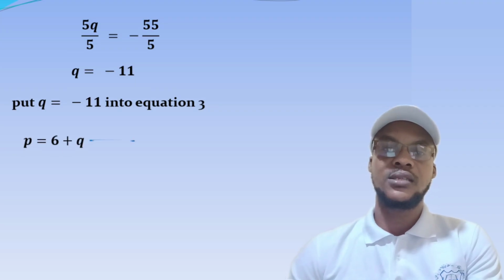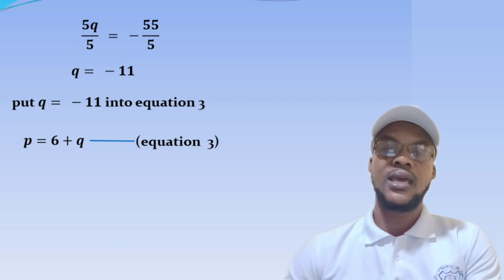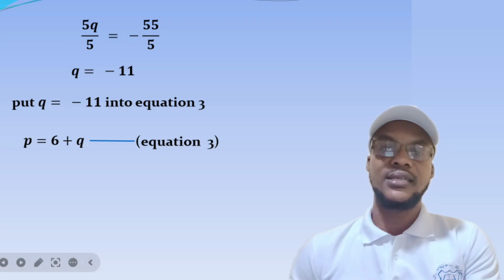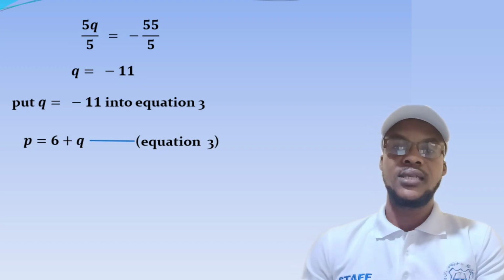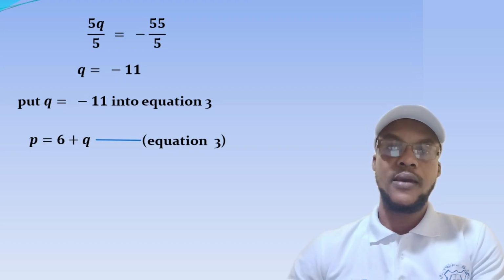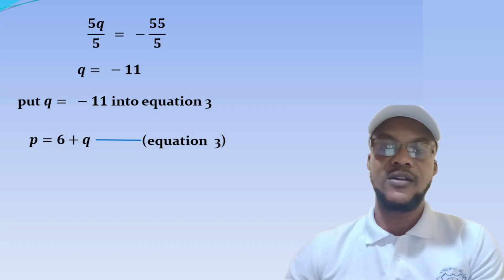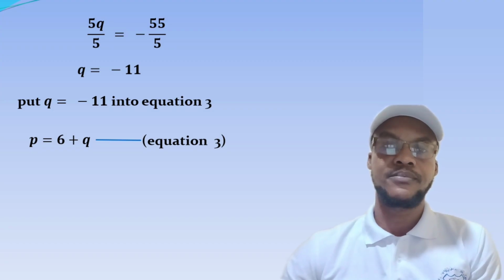And we all know that equation 3 is P is equal to 6 plus Q. So that is what I'm going to do now to be able to find the value of P.